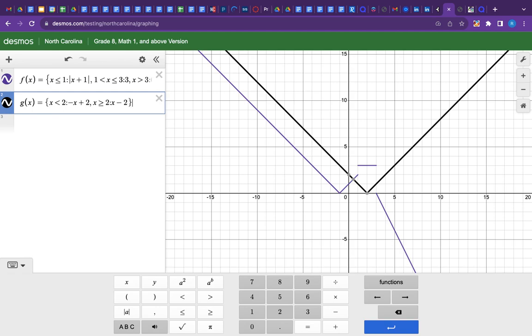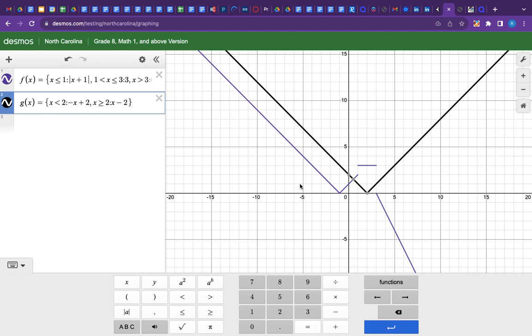So that one is two linear functions that happen to meet at a point, so it looks like we've got just an absolute value function. All right, so that is the hard part of doing this. So if you can type them in correctly, then you're almost there.